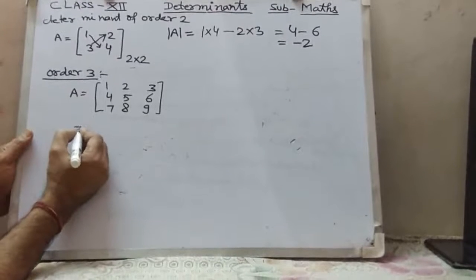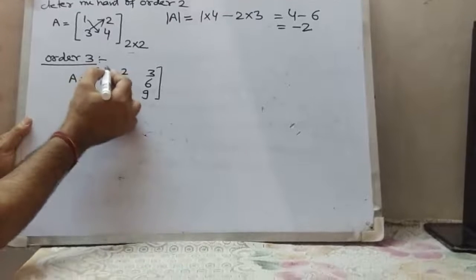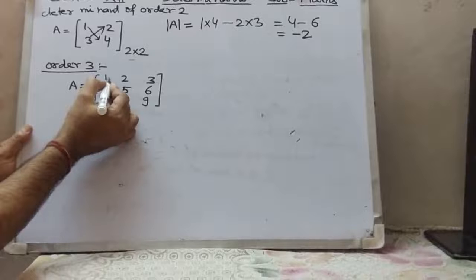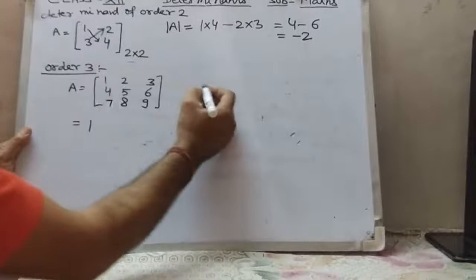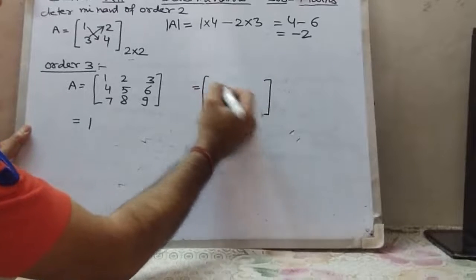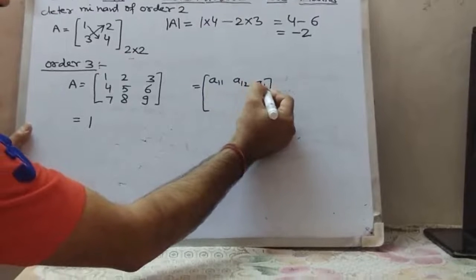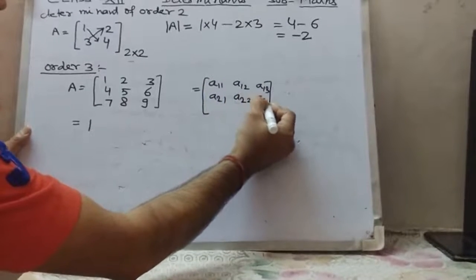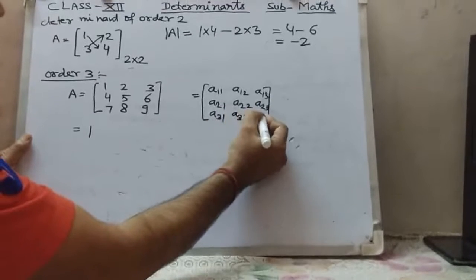Like this, we will write here 1, and then as you know 1 is the element of first row and first column. In matrix we have to understand its representation as it is called A11, A12, A13, A21, A22, A23, A31, A32.